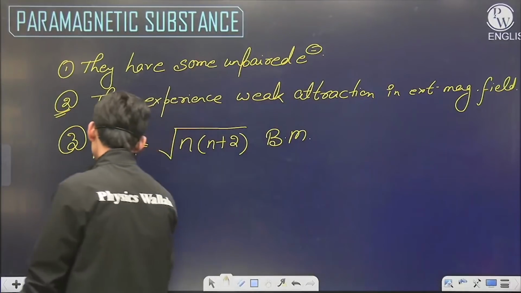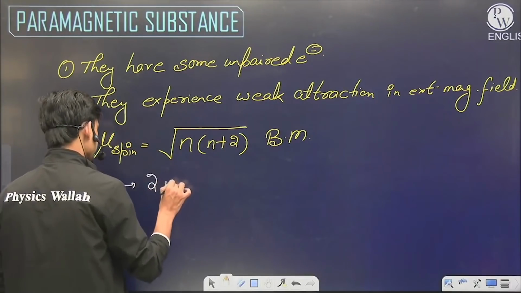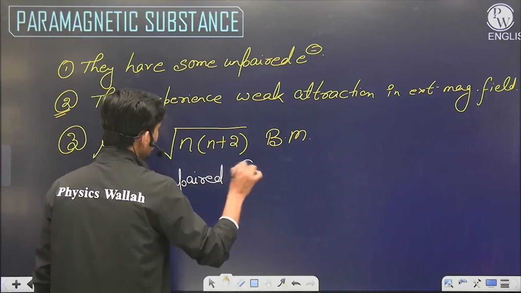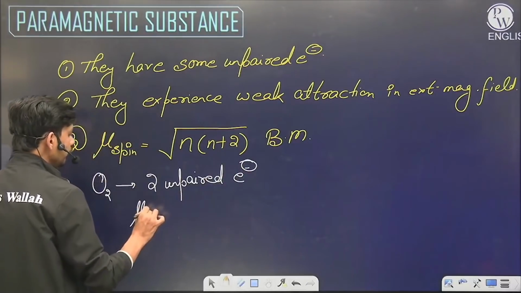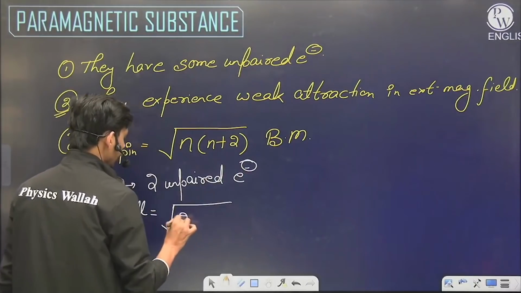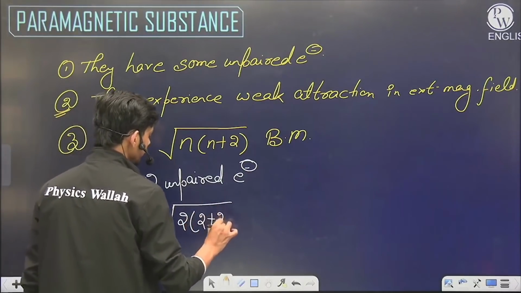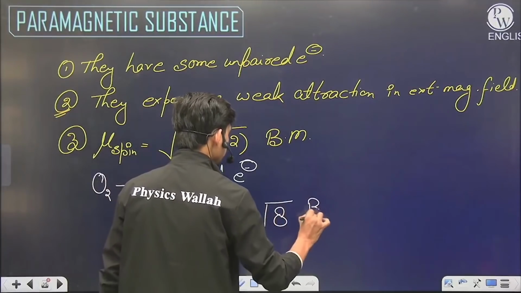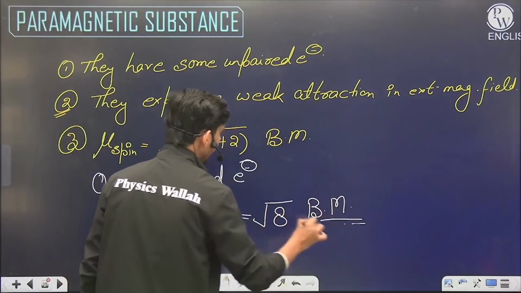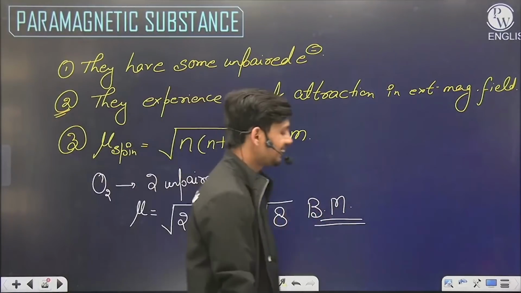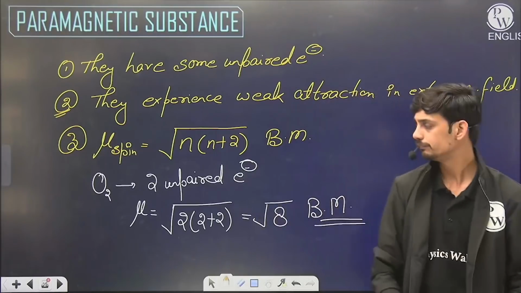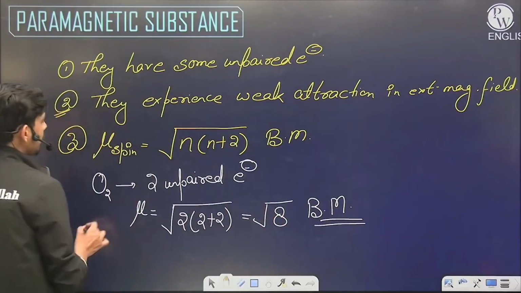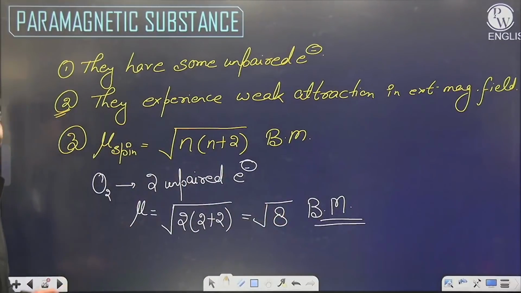Oxygen molecule has 2 unpaired electrons, and that's why its magnetic moment will become under root 2 times 2 plus 2, that is 4 into 2, that is under root 8, or about 2.8 Bohr magneton. So that's how we find the magnetic moment for a paramagnetic substance.